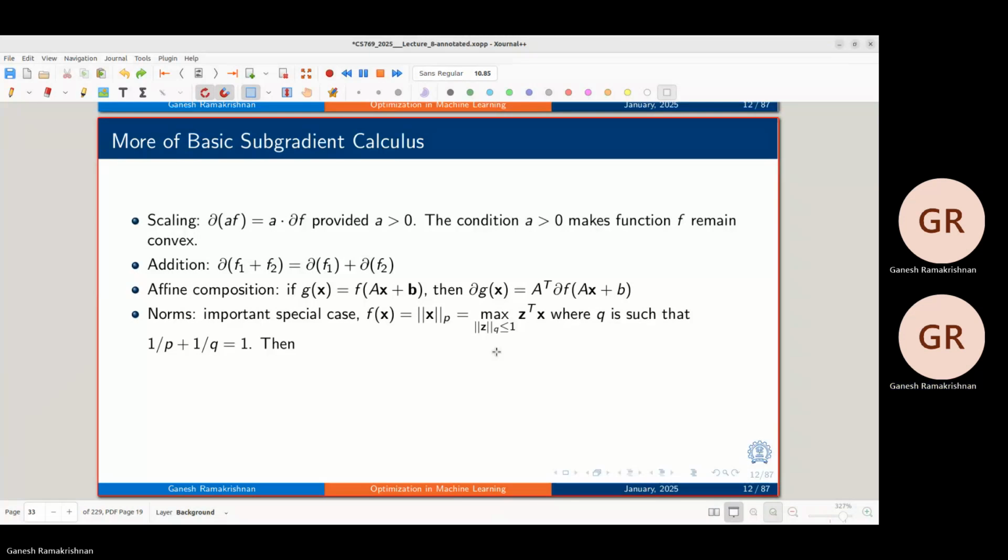Okay. So how does this give me some leverage for the subgradient computation? How will I get the subgradient? So why is this definition?